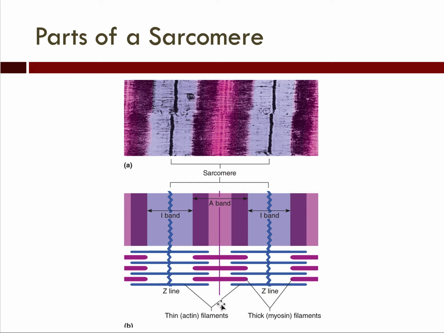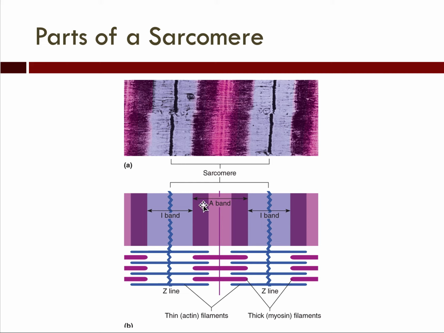Then here you have your M line. Your M line has myosin on it. So these are myosin, these kind of darker pinkish purple thick fibers. You're also going to have different sections, different bands. So here, this is called the H zone, which is within the A band. The A band runs the length of the myosin.